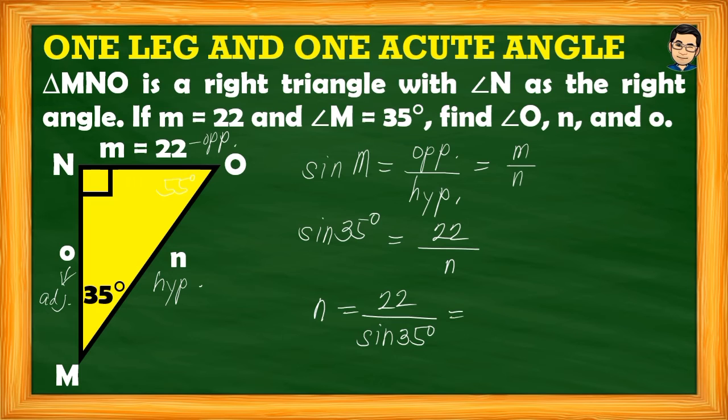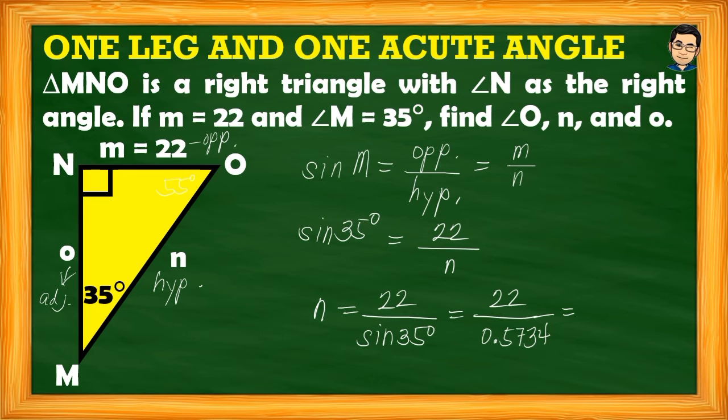And then, kunin natin yung value ng sine 35 degrees. So kapag kinuha natin yung value ng sine 35 degrees sa calculator, ang lilitaw pong sagot is 0.5734. And then finally, divide natin 22 by 0.5734, or pwede rin namang press natin sa calcu 22 divided by sine 35, dire-diretso.